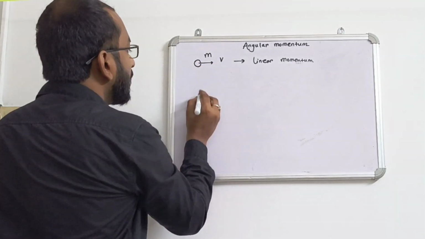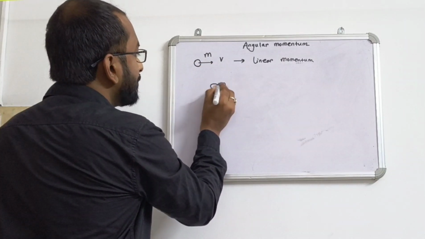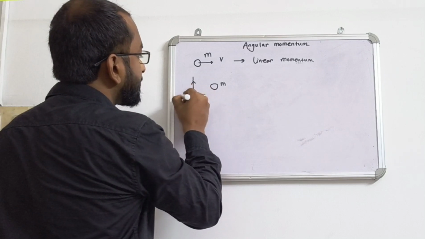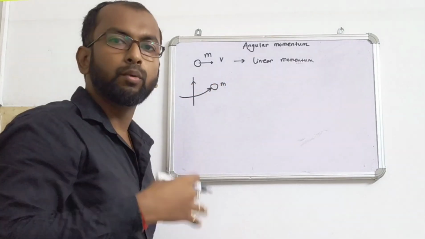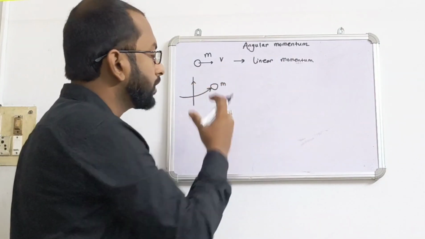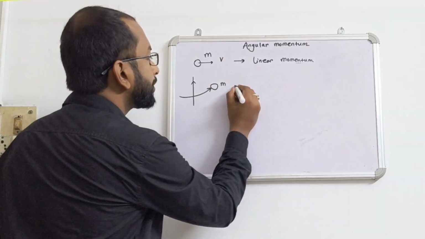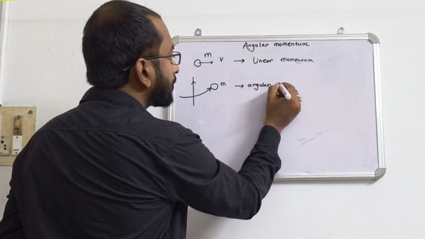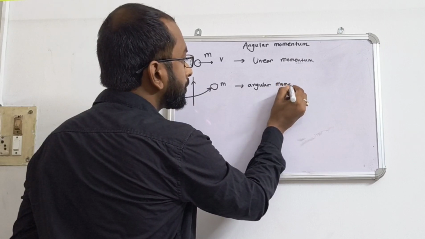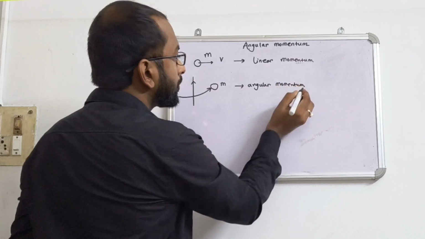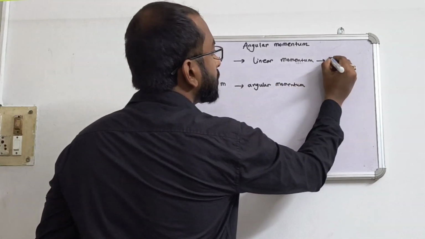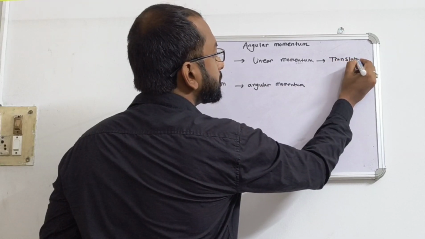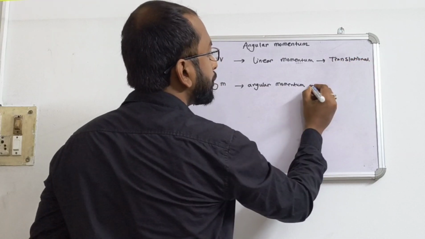But when this body of mass m is rotating with respect to one particular axis, the momentum associated with this rotational motion is called the angular momentum. So this is translational motion, and this is a rotational case.